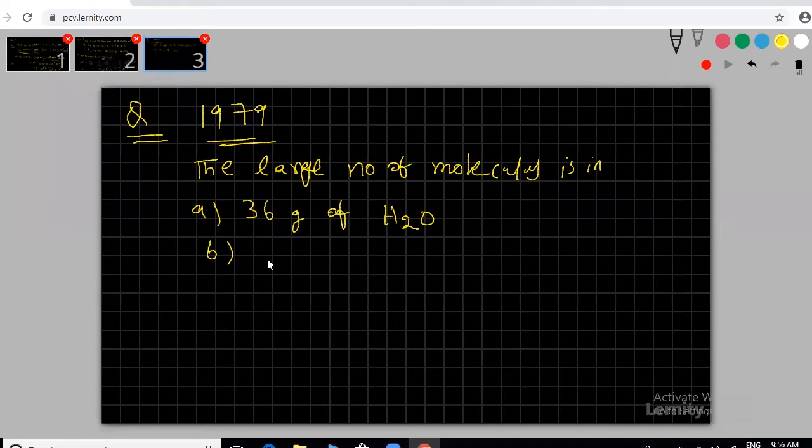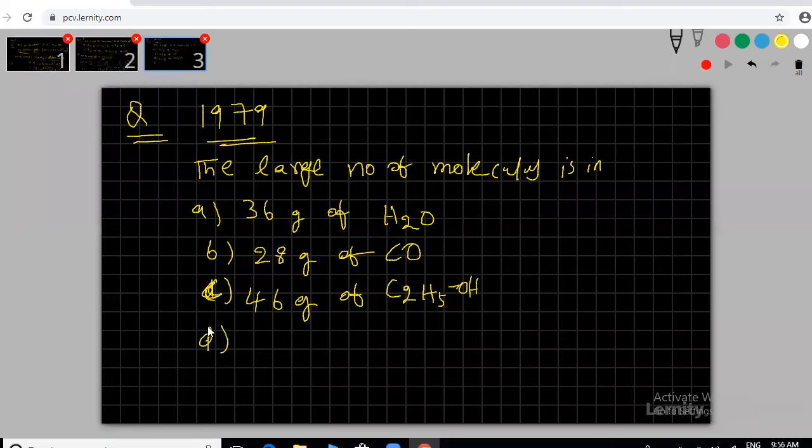Option B, 28 grams of carbon monoxide. Option C, 46 grams of ethyl alcohol. Option D, 54 grams of nitrogen pentoxide, N2O5. This is the question. Please find.